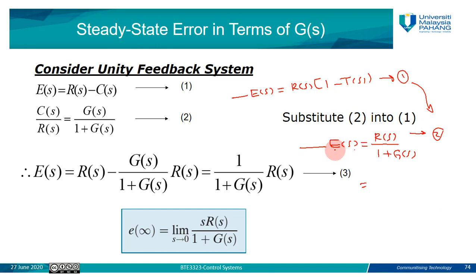Now when you want to find the steady state error, you just substitute S goes to 0.